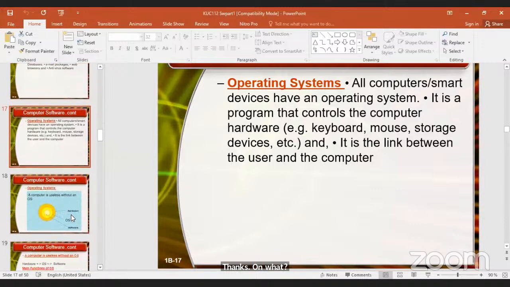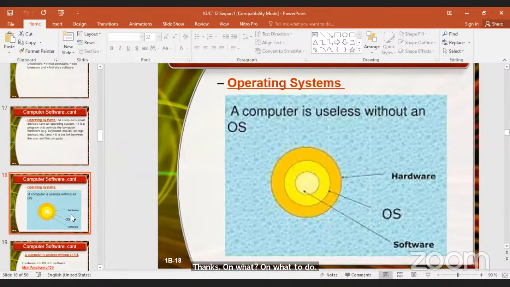So a computer is useless without an operating system. Discuss. These are questions. A computer is useless without an operating system. Discuss. So I'm giving you many questions so that you enlighten yourselves when it comes to this course.